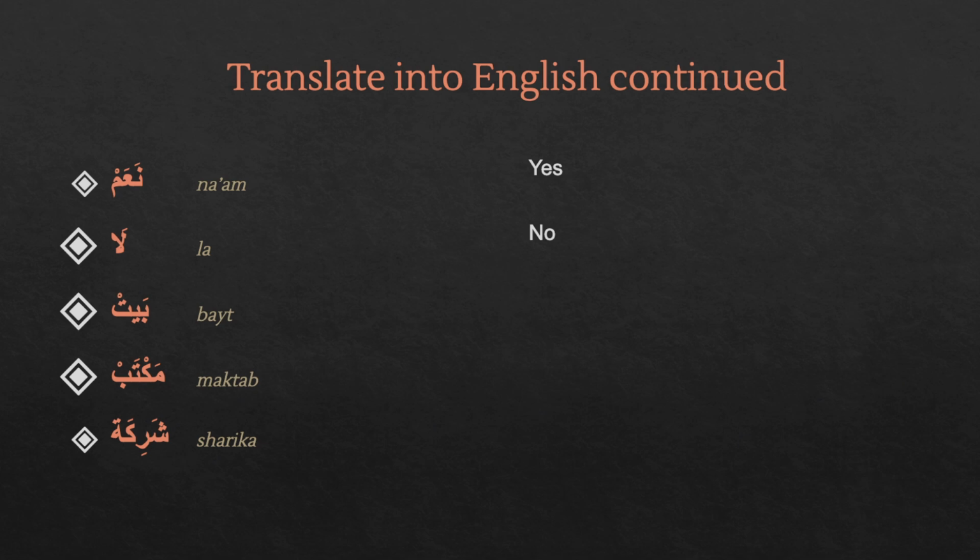Bait. What do you think bait means? Bait means house. Okay. Maktab. Maktab means office. All right. I hope you're translating in your head before I reveal the answer. Okay. Sharika. The last one here. Sharika will mean company. There you go. All right.